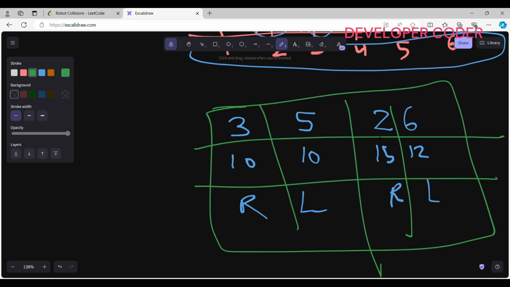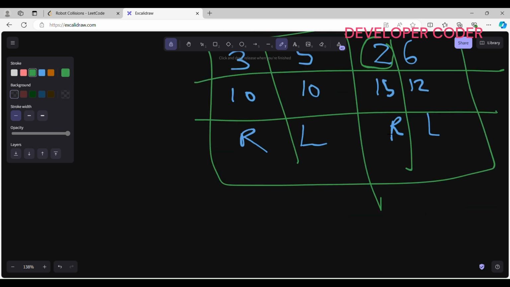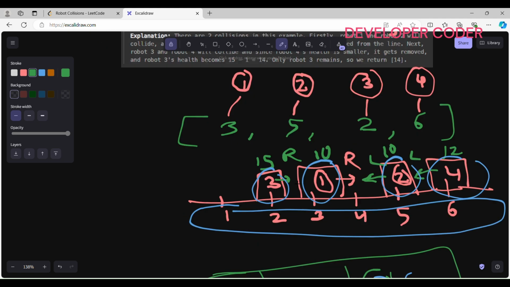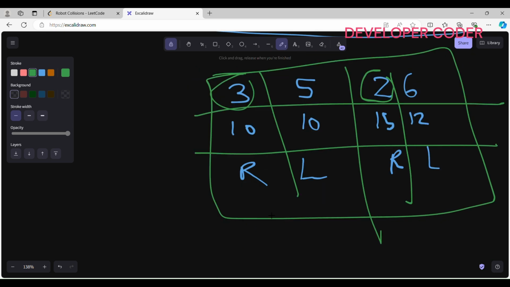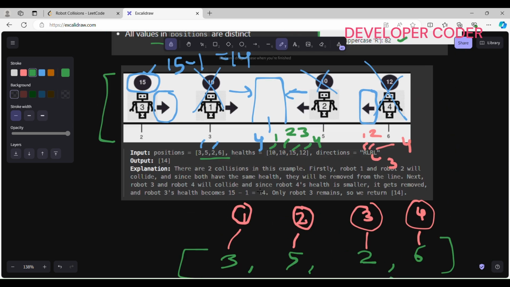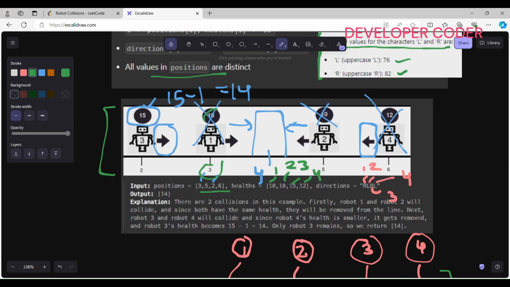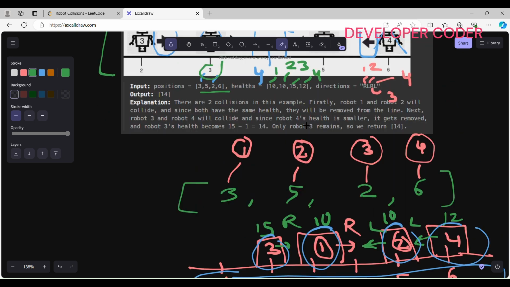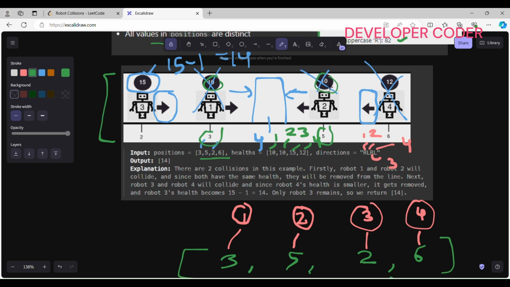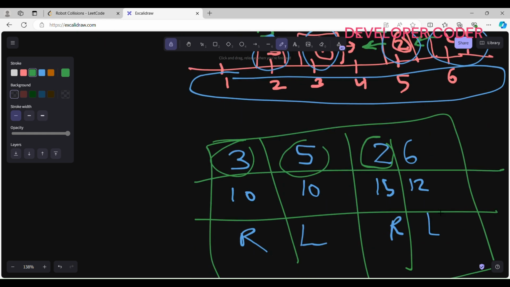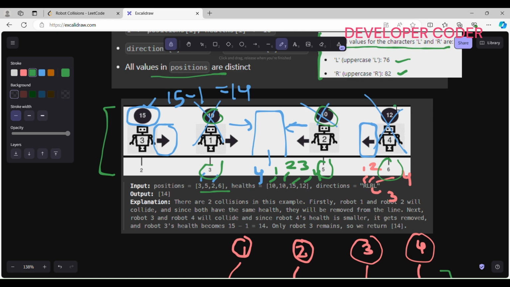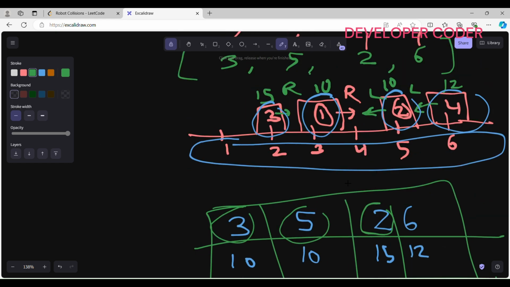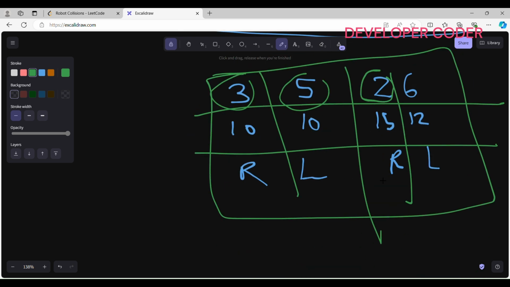Okay, so now I have to sort. So first this will come, 2 15 R. So first 2, 15 and R is coming, right? Then this will come. What is this? 3 10 R. Okay, so 3, 10 and moving direction R. Okay, then after that this will come, right? 5 10 L. So see, 5, 10 and moving to the left. Then this will come, 6 12 L. 6, 12 and L. Okay, so I have to create one merged array, and I have to sort the merged array based on their positions.